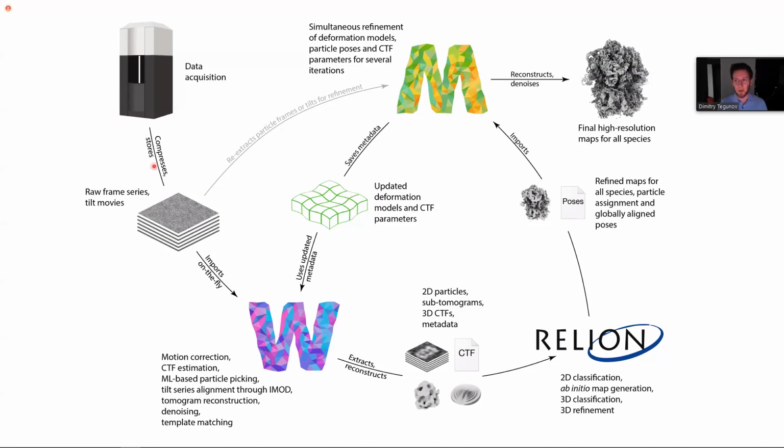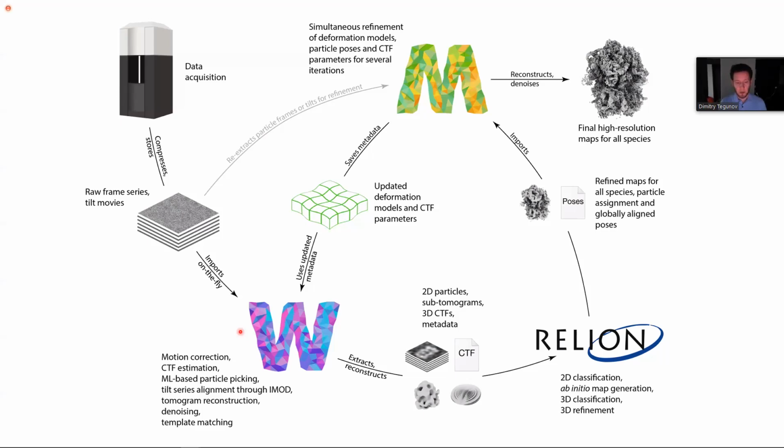It's still single particle analysis if it's tilt series. And then those data go into Warp, which some of you are already familiar with. Now, starting with the next major release, Warp 1.1, it will implement the same feature set for on-the-fly processing for tilt series data as it currently does for frame series data.